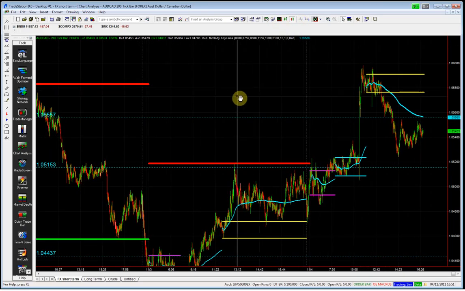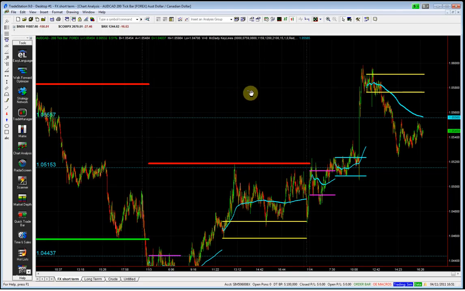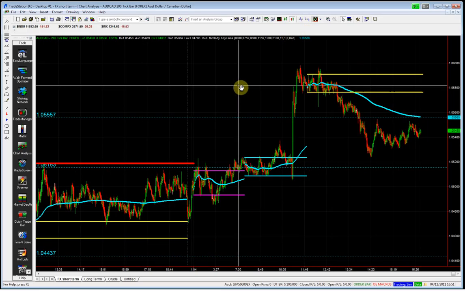Okay, when we get to the 200 tick, here's the 105.55. To the long side, we've got the 2-day high, and we've got the high of the spike here, generated by the session.